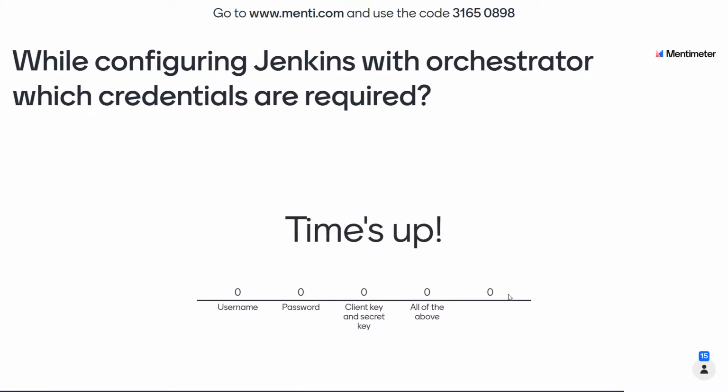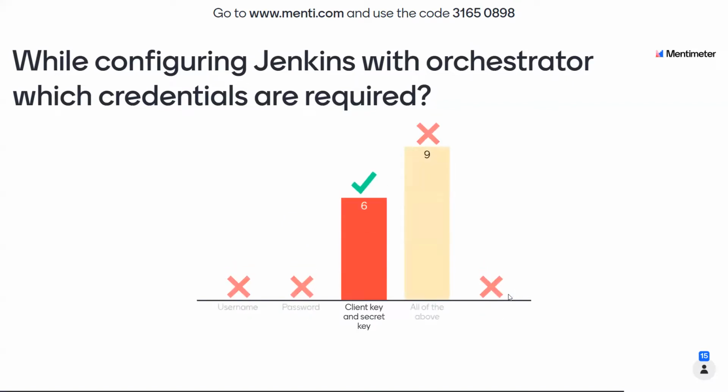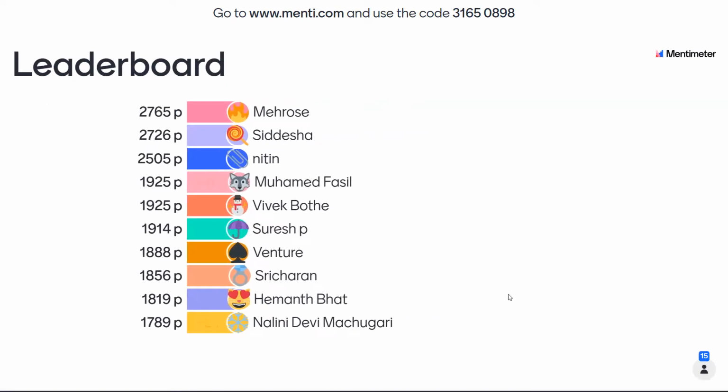And time's up. So the answer is, yeah, 6 people gave the correct answer. Client key and secret key is required whenever you are configuring Jenkins with the Orchestrator.